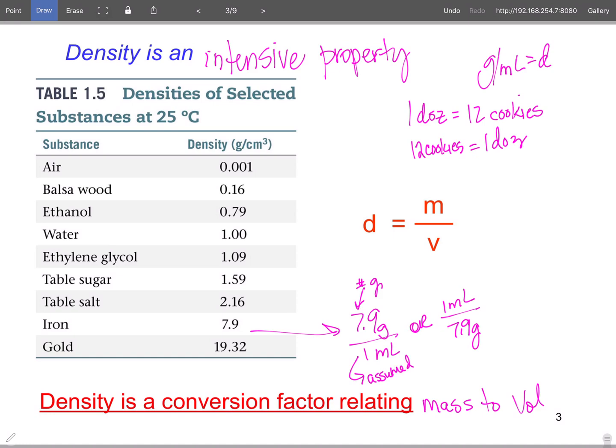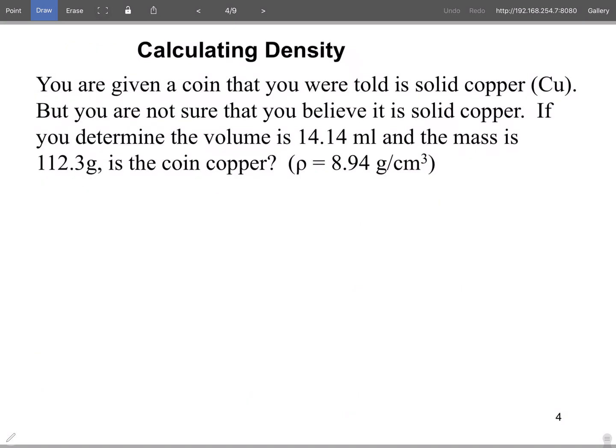Now this becomes important as you work problems, but this is basically a relationship between mass and volume.